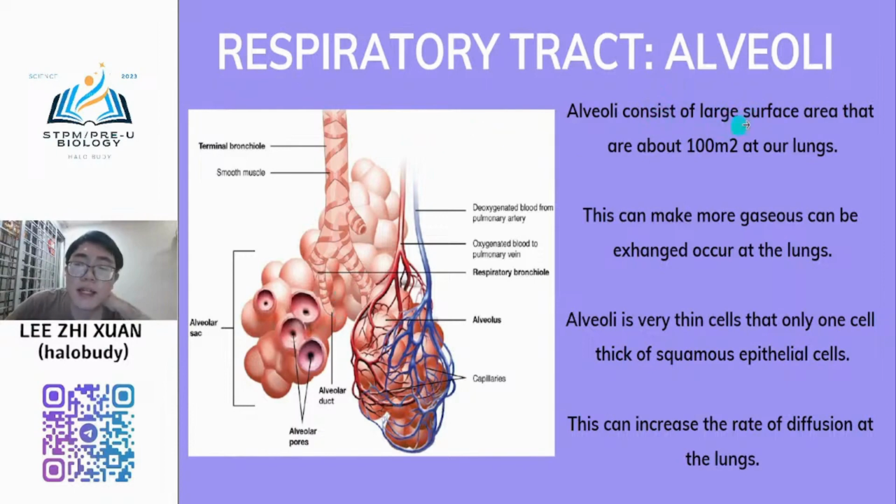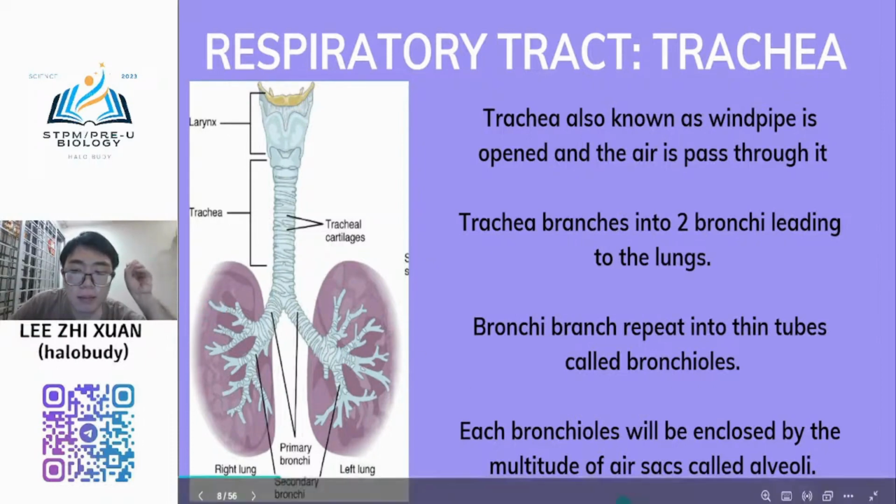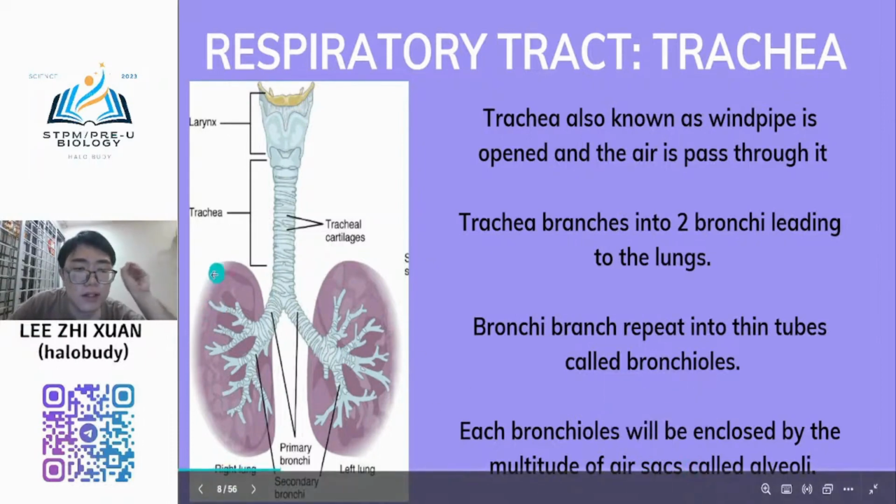The alveolus has a large surface area of about 100 square meters in our lung. Here you see the bronchial tree, and every bunch of the bronchial tree has many air sacs we call alveoli.